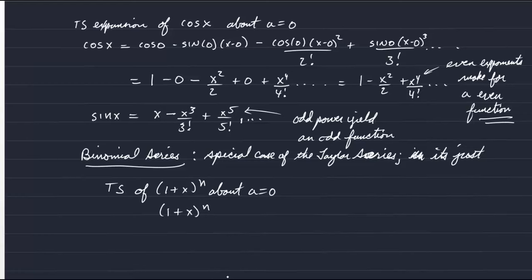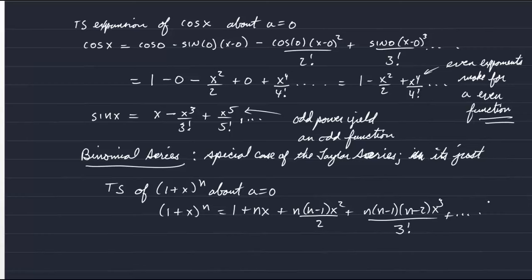So 1 plus x raised to the n power is equal to 1 plus n times x plus n times n minus 1 times x squared over 2 plus n times n minus 1 times n minus 2 times x cubed over 3 factorial.